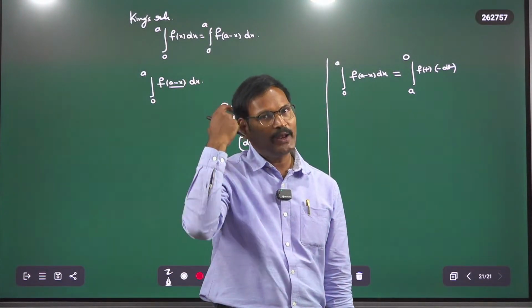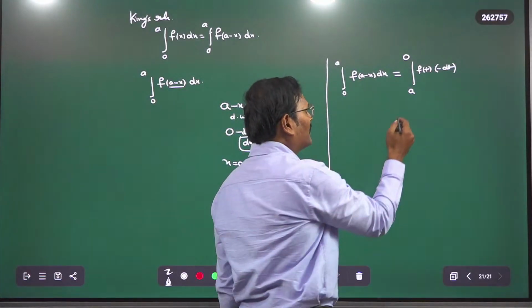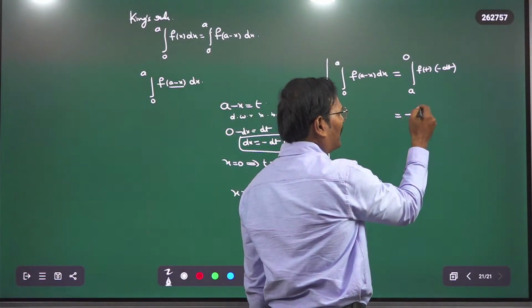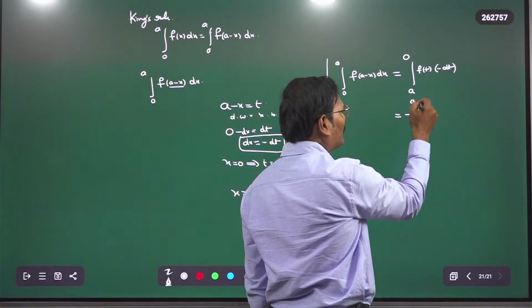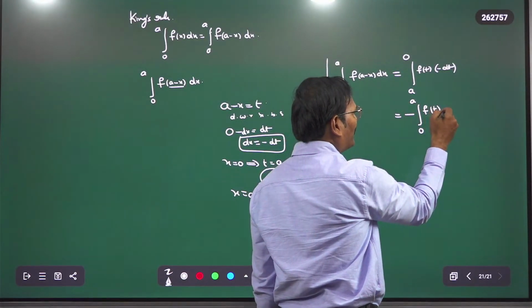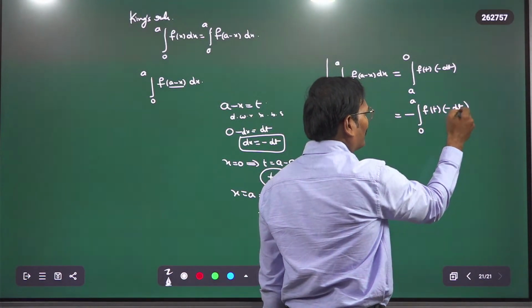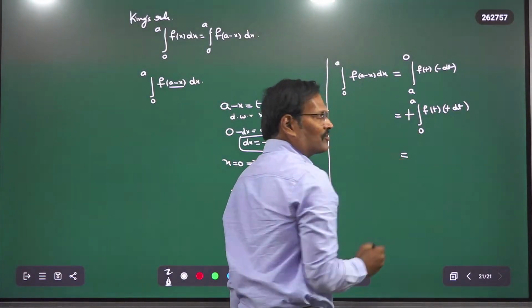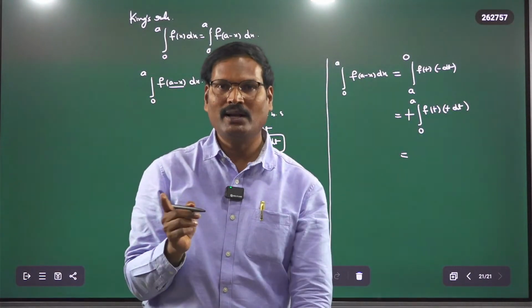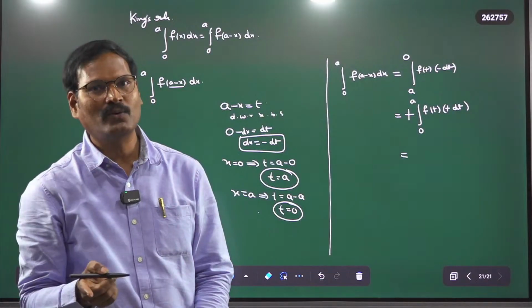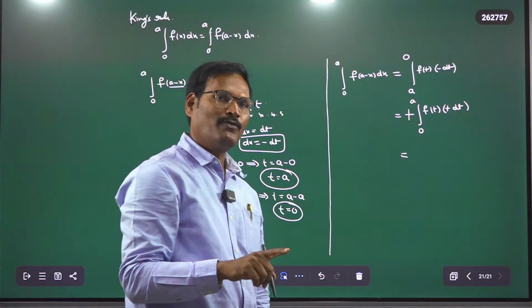Already I explained the second property. So I am using that property: minus of integral 0 to a f of t into minus dt. The minus signs get cancelled. The first property I explained: integral a to b f of x dx is equal to integral a to b f of t dt.